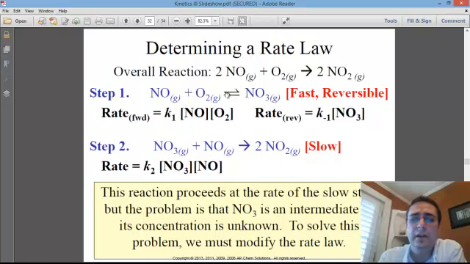Well, I want you to notice on this slide that this first reaction is reversible and fast, meaning it goes both ways. And that does something for us. It means that this reaction reaches something called equilibrium.